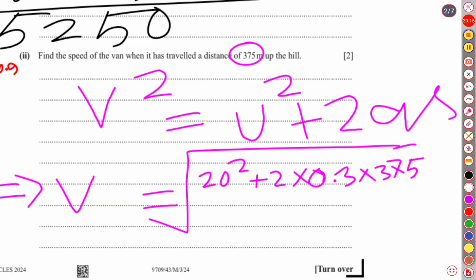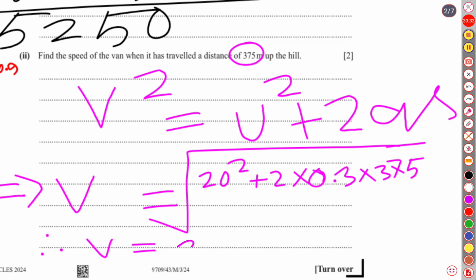Hence the final velocity at the top of the hill is the square root of 400 plus 2 into 0.3 into 375, equal to 25 meter per second.